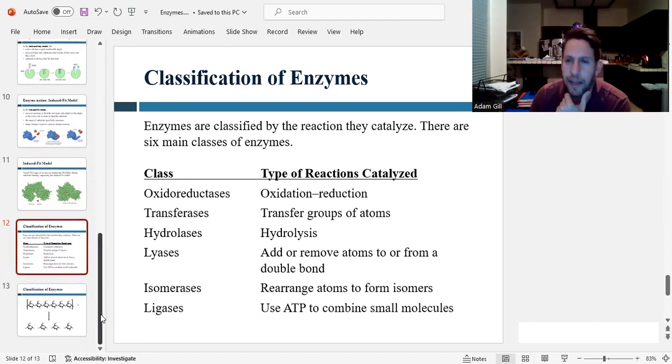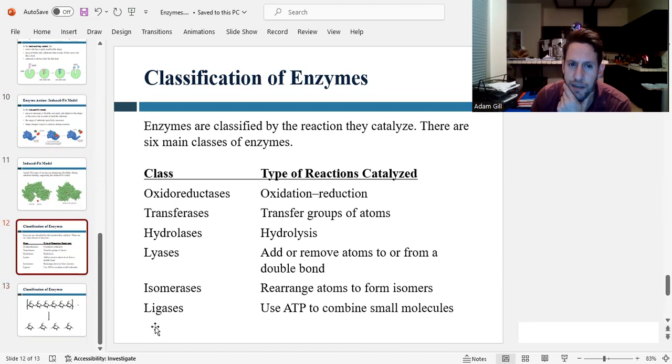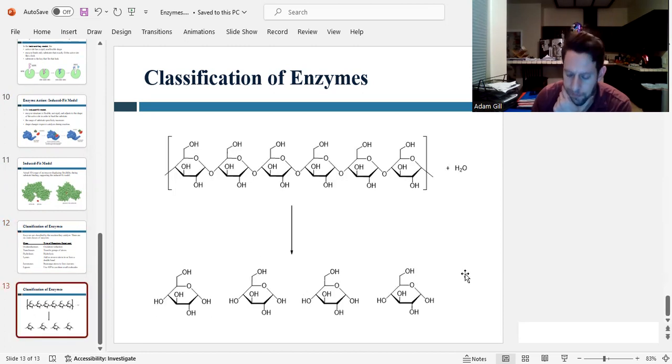Now, in lab this week, we did an enzymatic reaction using our saliva to hydrolyze starch. This was the exact reaction that we were doing in lab. Can you predict the class of enzyme that would catalyze this?